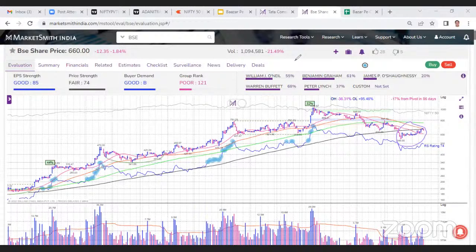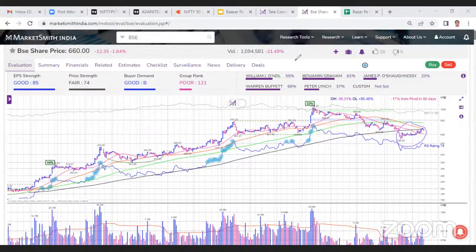So above 660, 670, some more bounce back may happen, but below that it may start losing its momentum. Overall, over the last 3 months, after forming a top around 1040, 1050, it is deteriorating in trend. But I'm not denying a bounce back, subject to holding above 670. The overall structure is not that attractive.